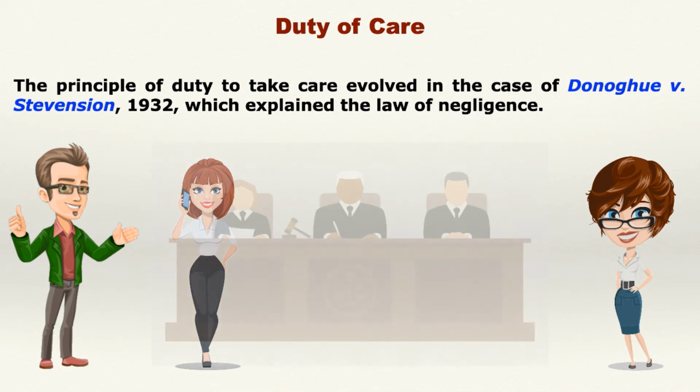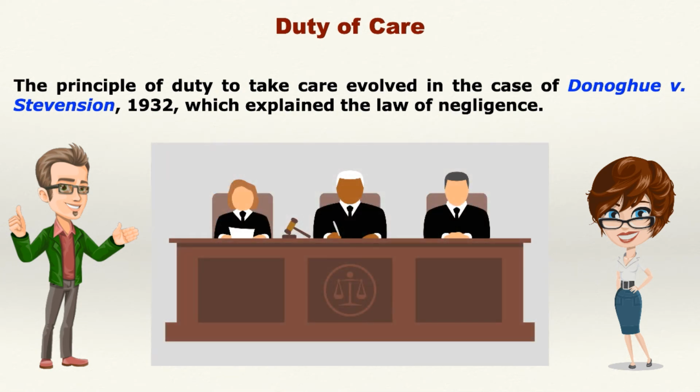But the court held that the manufacturer owed a duty of care to those who are reasonably foreseeable to be affected by the product. So the duty of care is owed to those whom one can reasonably foresee as being potentially harmed.